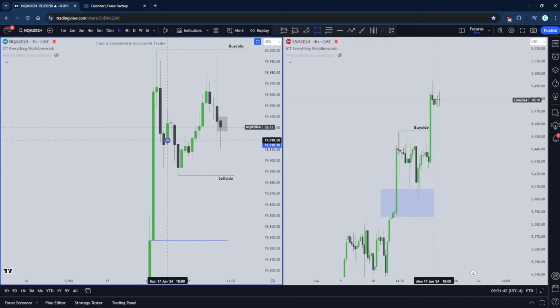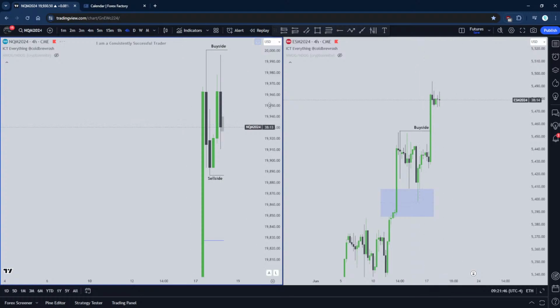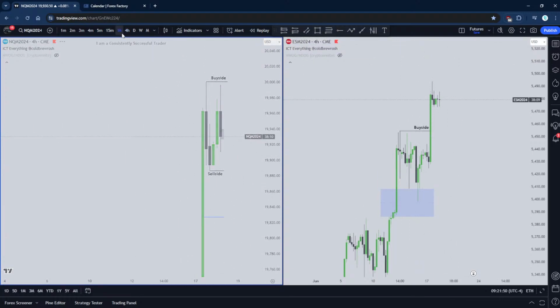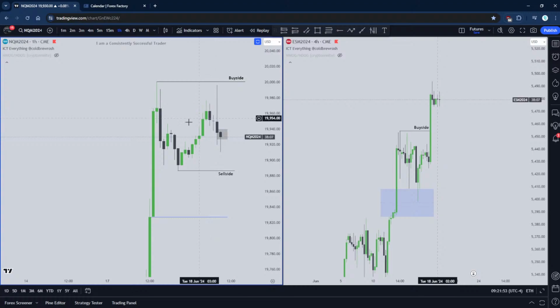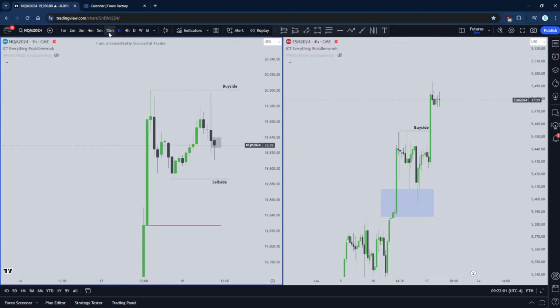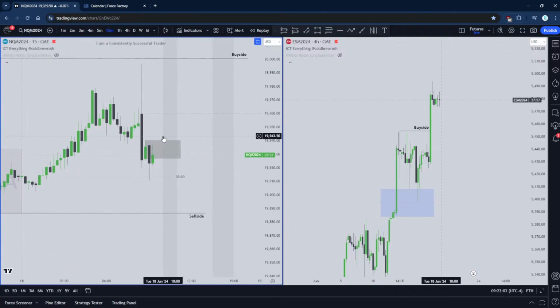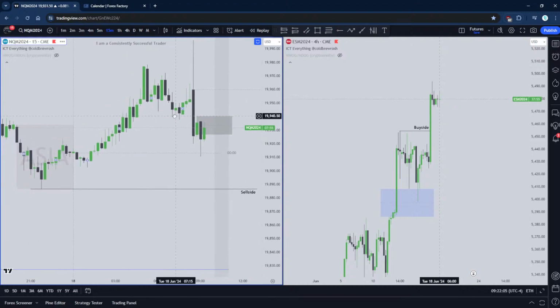Okay, this is why we need to be careful though, because look, for longs, it's kind of valid. It touched a 4-hour PD array. You've got a 1-hour displacement with a 1-hour breaker. We're retracing back into discount of this range without sweeping buy side. Now all we would need is a market structure shift to confirm that on the lower time frame.